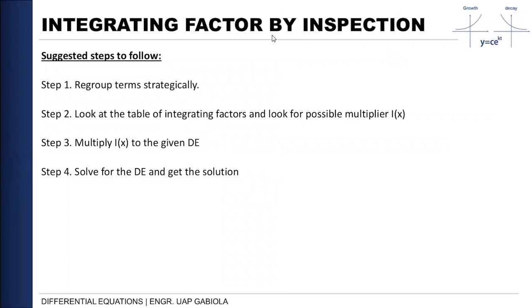Okay, then after you select some of the possible multipliers, multiply one by one to the given differential equation. So you can decide whichever is suited dun sa differential equation mo. Again, you can only decide this once you have solved a number of problems, no? Pero tingnan natin ano on our example if we can identify some.